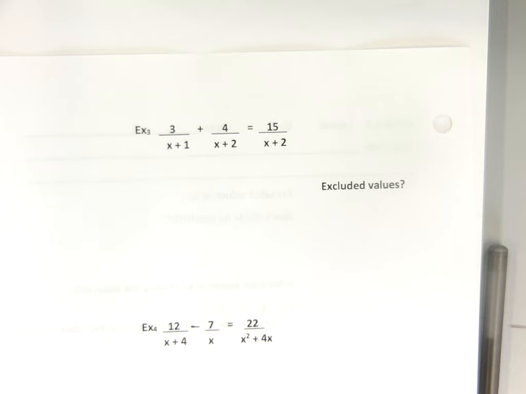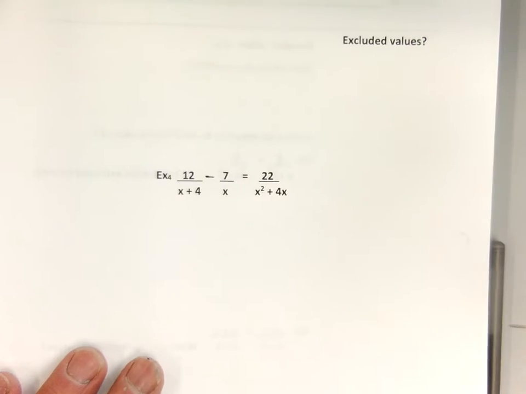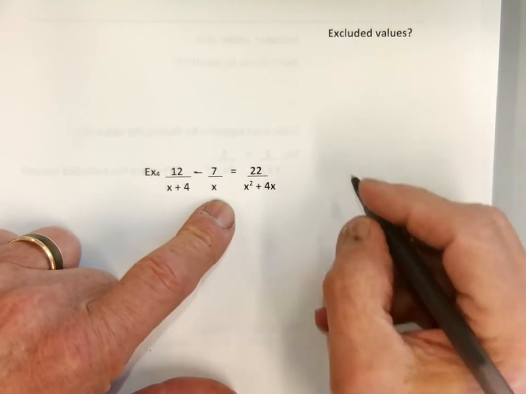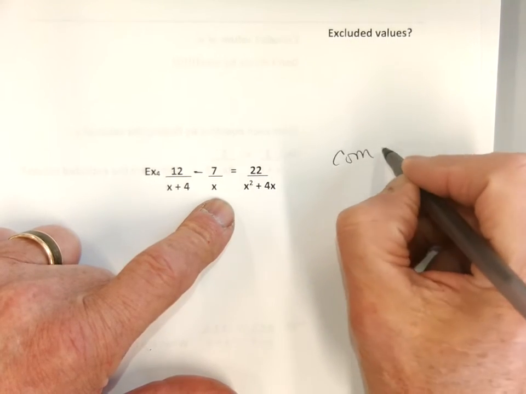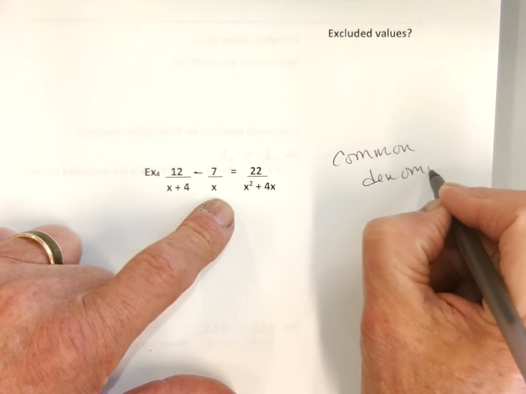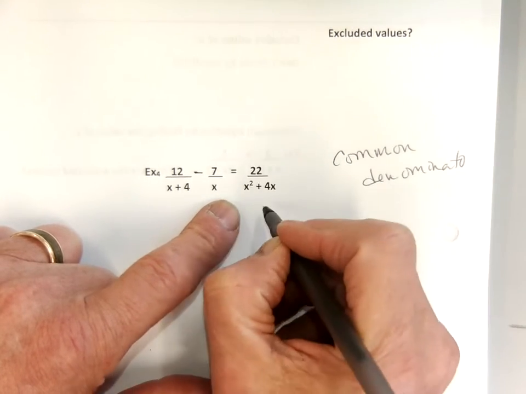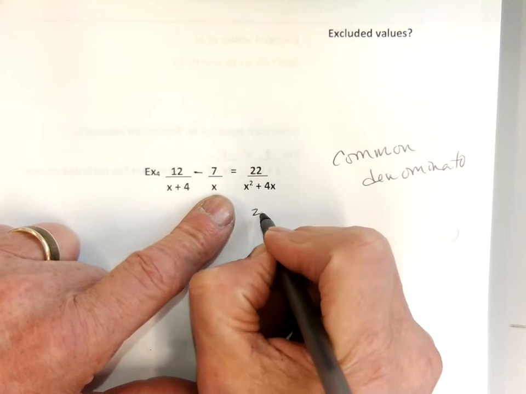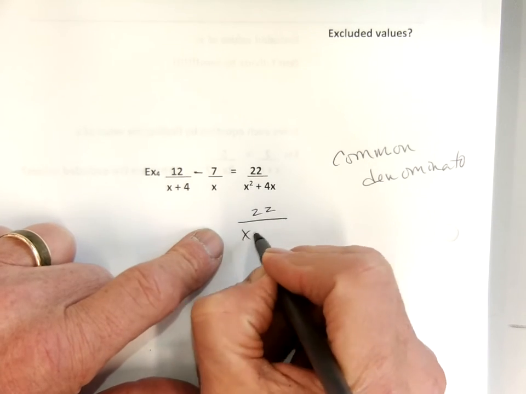All right, so example 4. Before I do anything, I am going to need a common denominator. And to make that a little easier, I'm going to factor out an x.